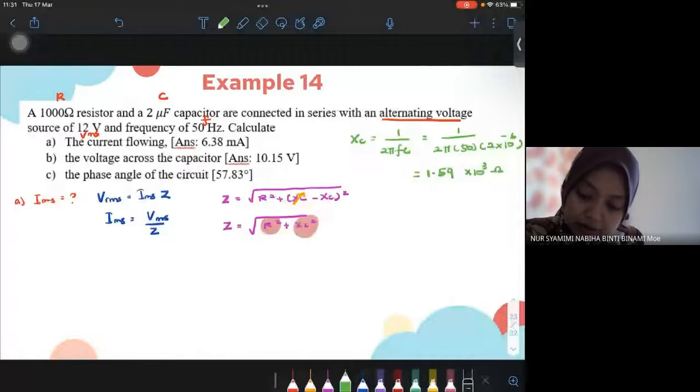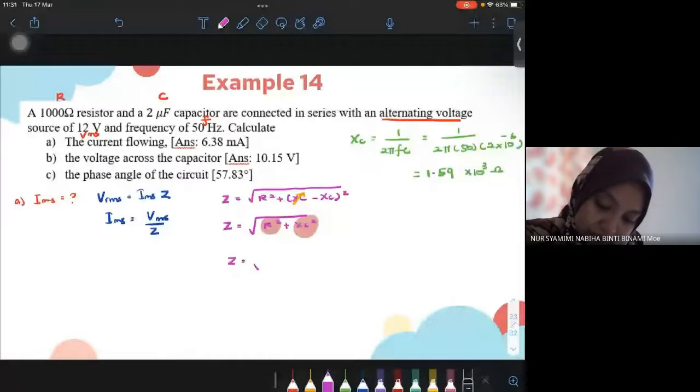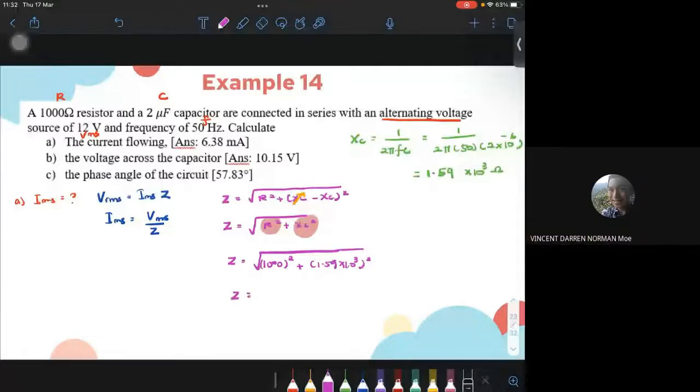Okay, so we already have XC. We can find Z by using square root of 1,000 ohm square plus 1.59 exponent 3 square. So, berapakah nilai Z yang kita dapat? Madam, exponent negative 3?